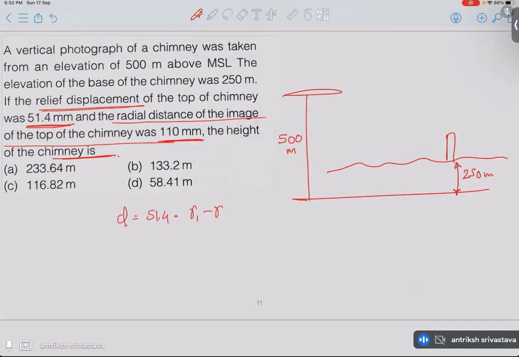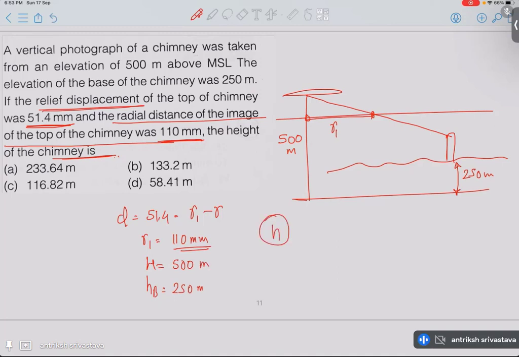When they say radial distance, that means they are talking about the distance from the principal point. So they are talking about this distance. That is nothing but R1. So R1 they have given 110 mm. H they have given 500. HB they have given 250 meters, and H is 500 meters. Now can you guys tell me h, that is the height of the chimney?